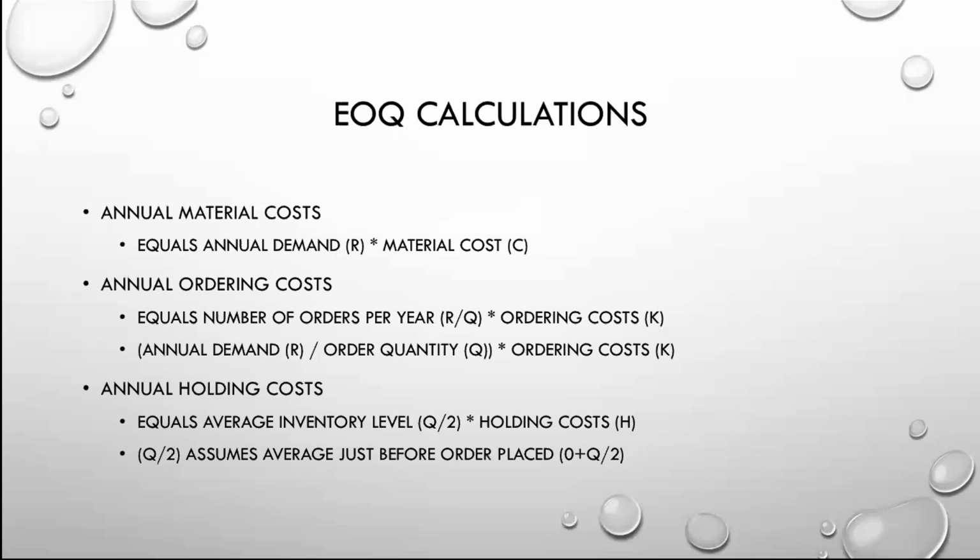Your annual ordering cost is D divided by Q, which is your number of orders per year. The number of orders per year is basically very simple: the annual demand for your product divided by the order quantity. So if your demand is 10,000 and each of your quantities ordered is 1,000, you order it 10 times. Okay, times your ordering costs.